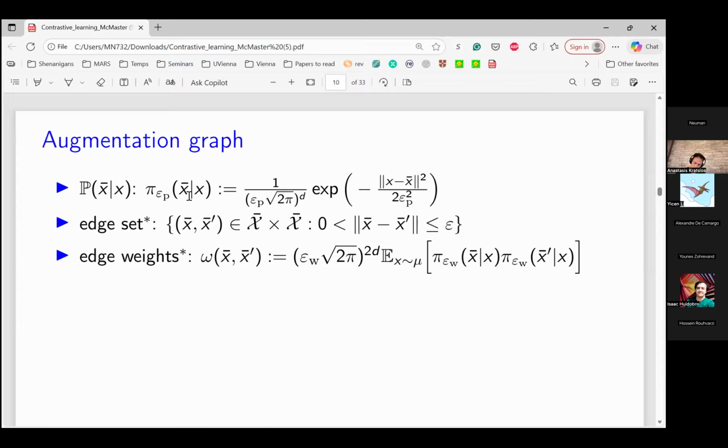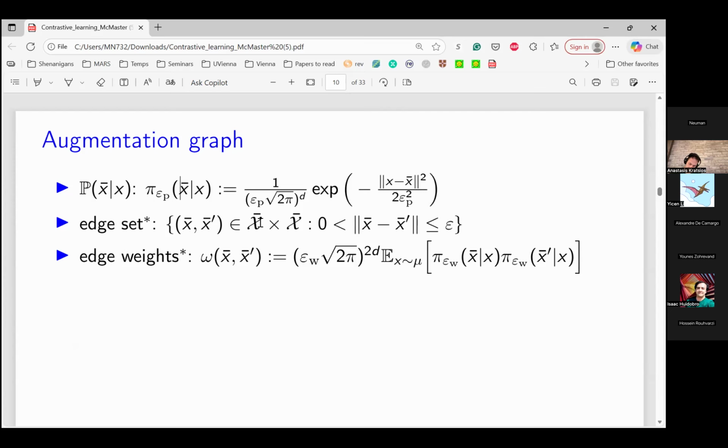Given an X bar, I say that the probability that X bar is generated from X follows a Gaussian distribution based on the distance between X and X bar. In other words, if X bar is very close to X, it has a very high chance of being generated from X. The Gaussian has a variance epsilon p, which I'm going to explain later.